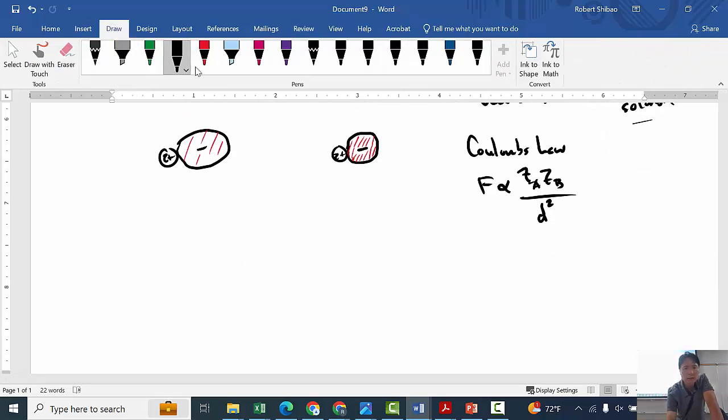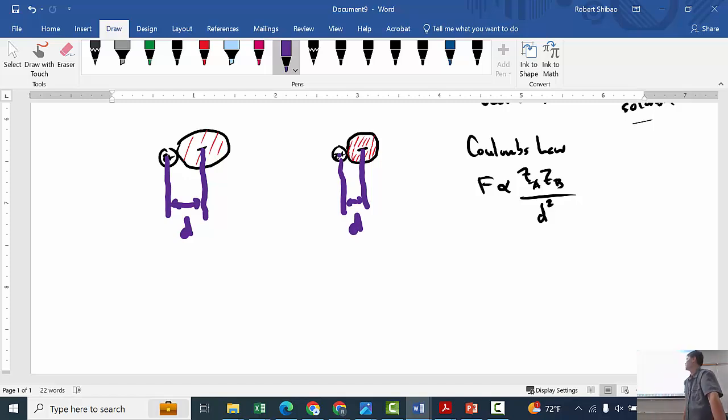And so the d in Coulomb's law is the distance between the center of this ion here and the center of this ion here. This is the d. So Coulomb's law just says the force of attraction or the force of repulsion depends on the magnitude of the charge. So Za is, let's say, the cation charge, and Zb is the anion charge, and then d is the distance between the center of charges.